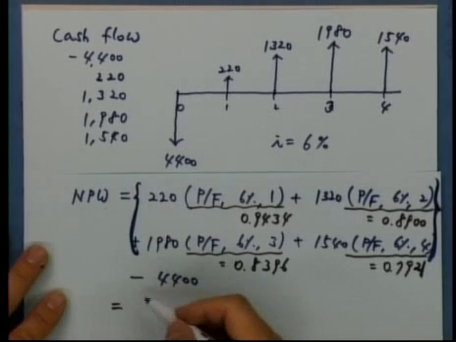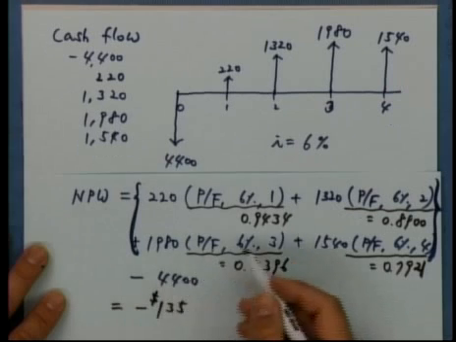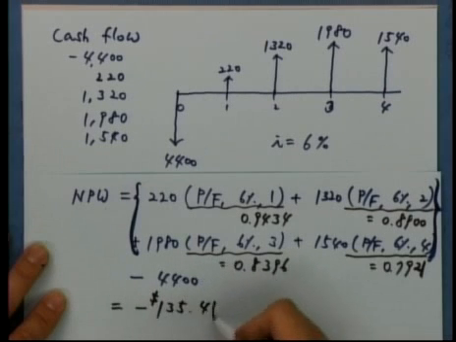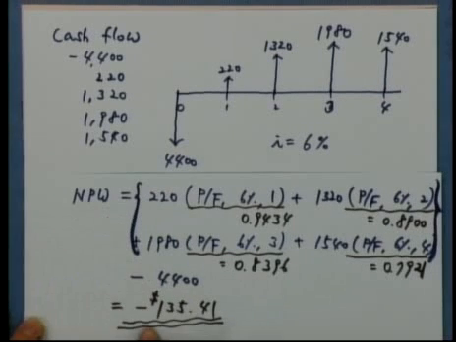Okay, this is a negative value, negative $135.41. So what is your conclusion? Because the net present worth is a negative value, you should not purchase the equipment.